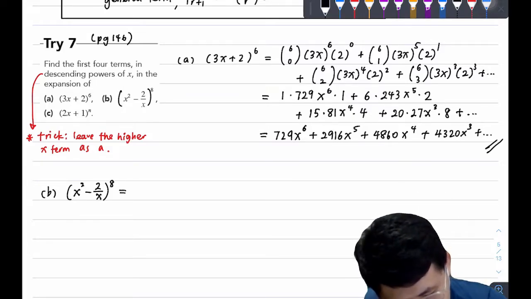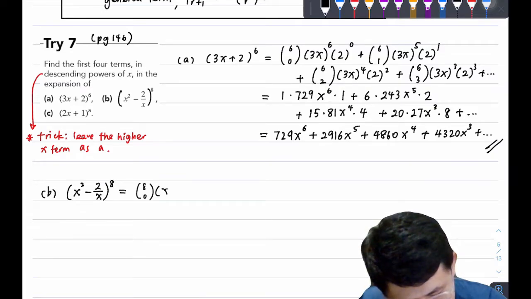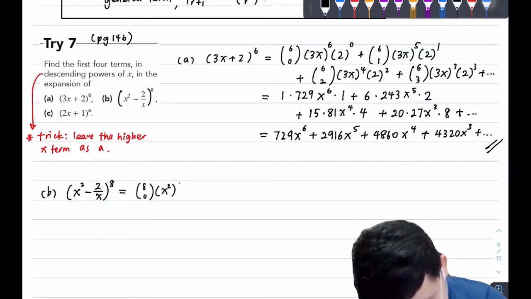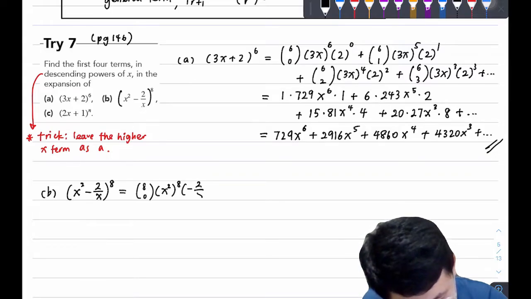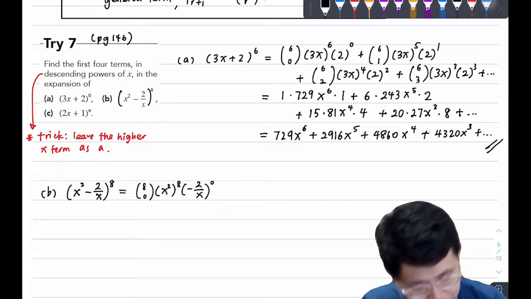So over here we have n choose r of a to the power of n minus r, times b. So the whole thing is b, to the power of r.